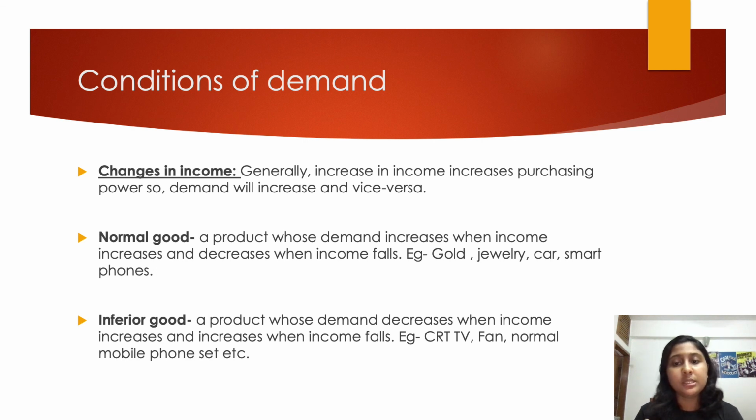And when income falls, demand also falls because we cannot afford to buy them. For inferior goods, when our income rises, our demand falls. We don't want to buy normal mobile sets when our income is very high. And when our income falls, the demand for inferior goods rises, because at that time we cannot afford to buy normal goods. We have to buy inferior goods because our income is very low. So we do not have any option left. That is how it works.